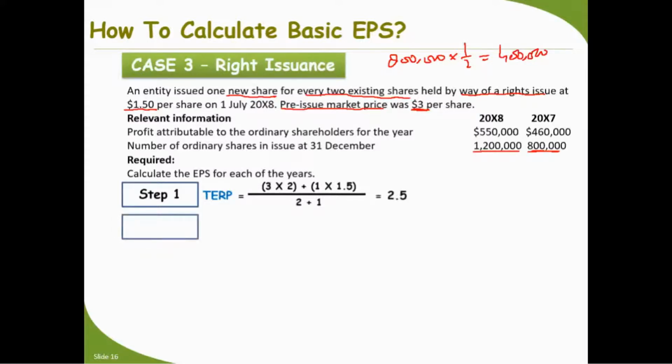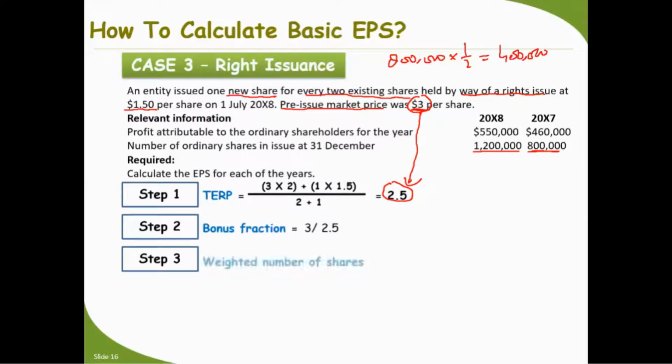We have calculated TERP, and TERP will always be lower than the cum-rights price: 2.5 is lower than $3. Now, step 2, calculate bonus fraction, which is 3 by 2.5, cum-rights price divided by TERP.